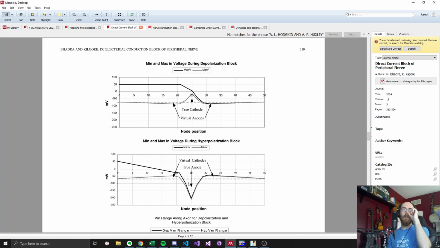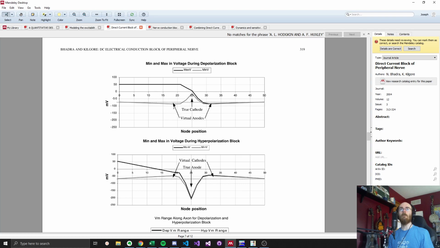Interestingly, we can look at the anodic stimulation, which creates polarized flanking nodes, and we can see that the polarized flanking nodes are doing the majority of the blocking, if not all of the blocking. So we can say that the virtual cathodes are blocking, the true anode isn't.